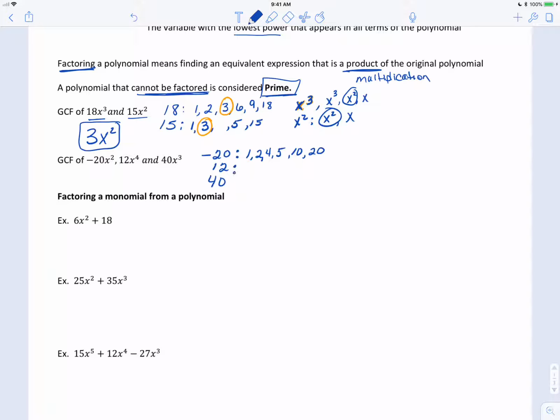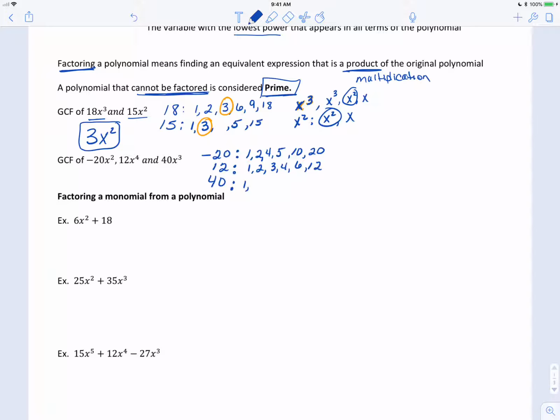Let's list our factors of 12. Well, 1 times 12, 2 times 6, and 3 times 4. What about 40? And you can do that either way. You just notice I'm putting both what it's multiplied by to get that number. But if you wanted to list them the other way, that's fine. So I'll do that one on the 40.